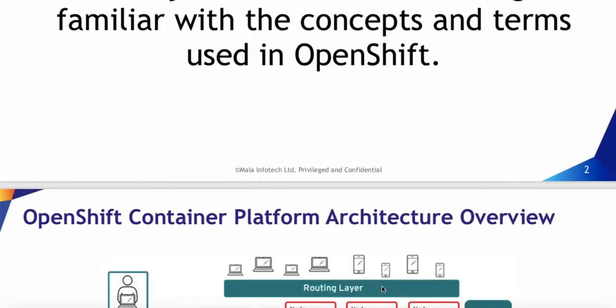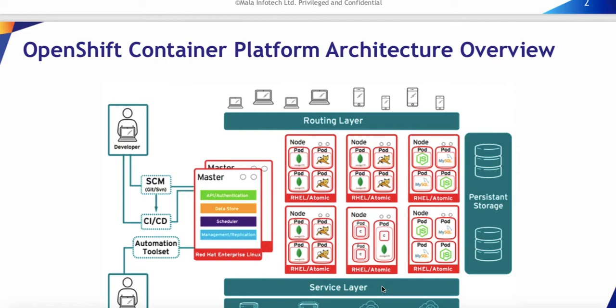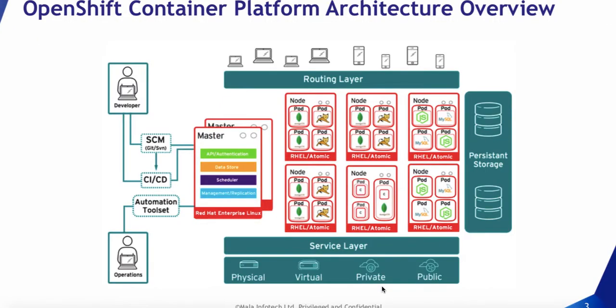Those concepts include the OpenShift container platform architecture. Here you see the architecture overview of an OpenShift container platform, where the upper and the lower layers are distributed among their working models. On the left-hand side we see the persistent storage, whereas on the right-hand side are developers, who have the CI/CD pipeline with automation test tools, which are highly connected with the master and slaves.